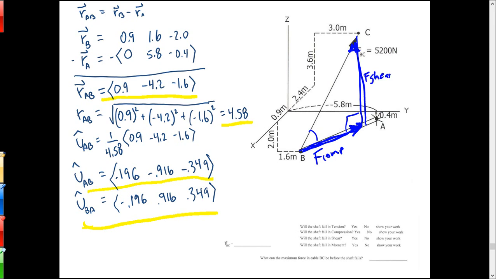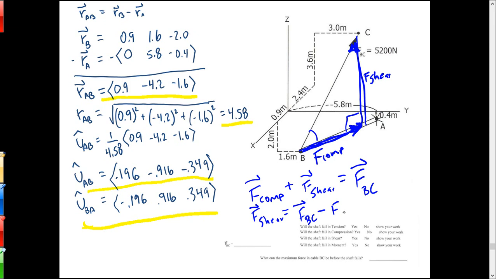Now they're at right angles to one another. And so there's a vector relationship that the compressive vector plus the shear vector would equal the total vector. So that's the relationship here. So if you want to find the shear vector, what you can do is take the total force and subtract off, in this case, the compressive vector.